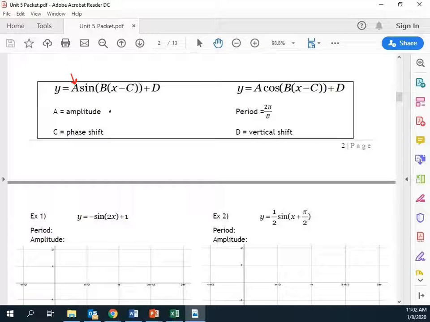So, amplitude represents how far up you go and how far down you go. It represents your max and your min. Now, I should say this too, if A is less than 0, then what has happened, guys?